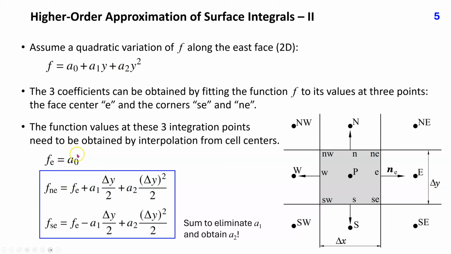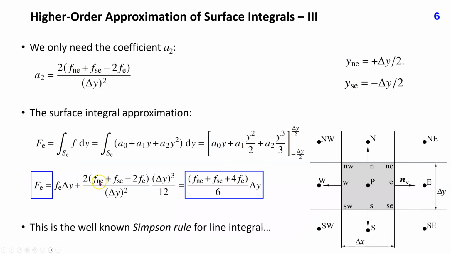The first expression defines the coefficient A0, while the other two make a system of two equations with two unknowns, A1 and A2. By summing these two equations, we eliminate A1 and obtain an expression for A2, which is shown in the next slide. This is the resulting expression for A2.